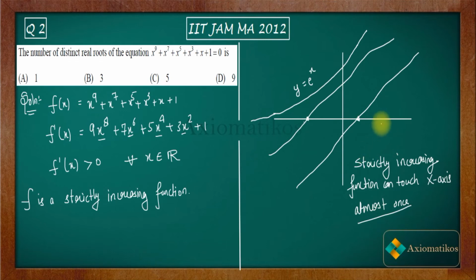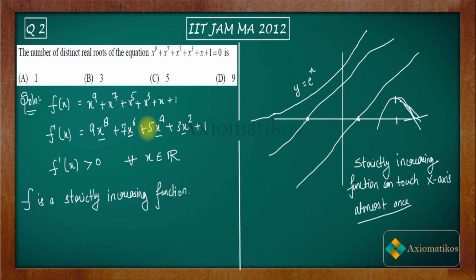Are you getting my point? Suppose it happens that it cuts the x-axis twice, then what will happen after this point? You will get a decreasing nature. So the function will not be a strictly increasing function. So it can never happen that it cuts the x-axis twice.